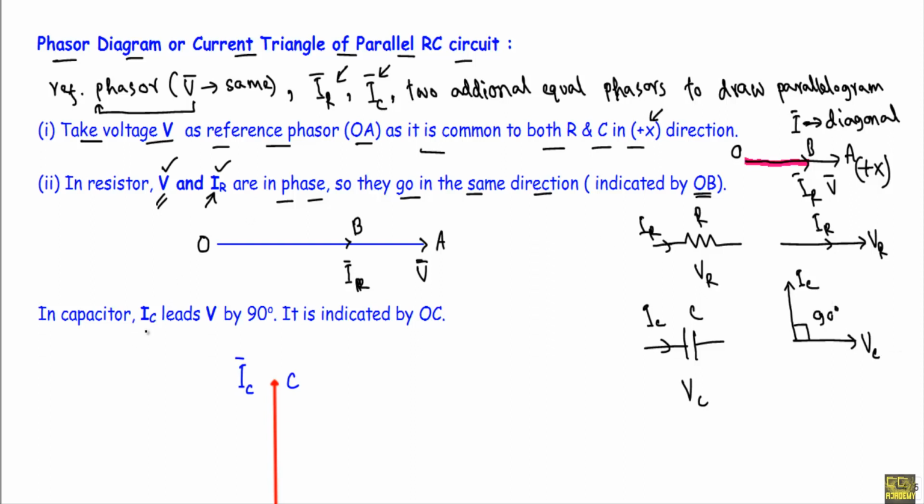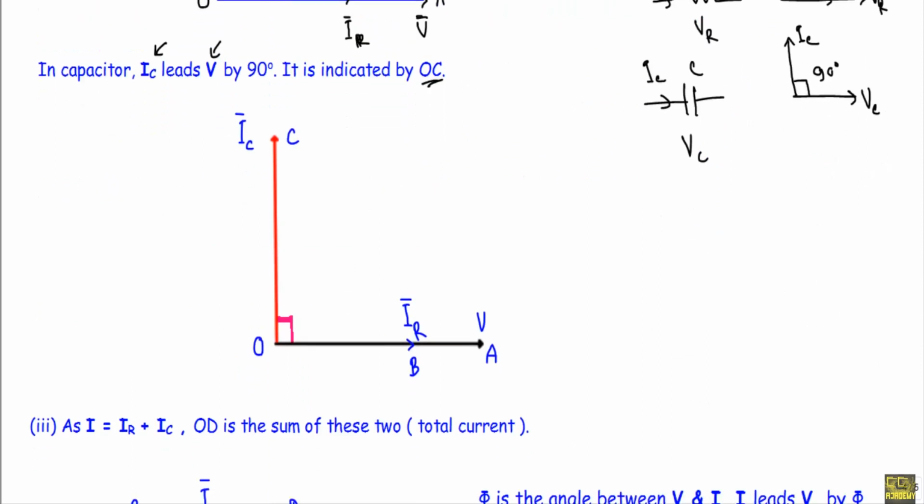Here the voltage across the capacitor is V and the current through the capacitor is IC. Therefore if I want to draw IC, it will be in this direction because V is here, so IC will go in this direction, and we will indicate that with OC.